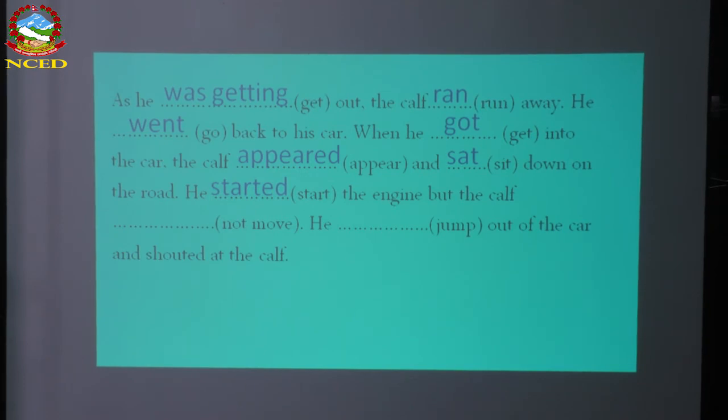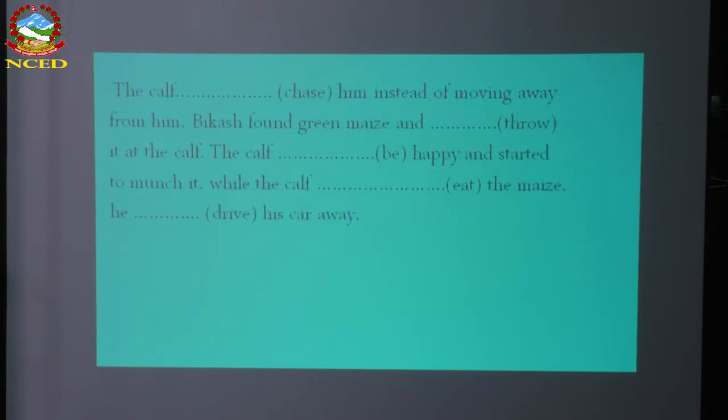But the calf did not move. He jumped out of the car and shouted at the calf. Then the calf chased him instead of moving away from him, because he found green maize and threw it at the calf.